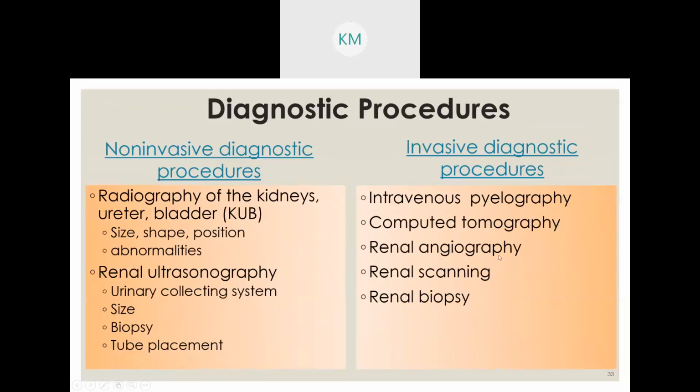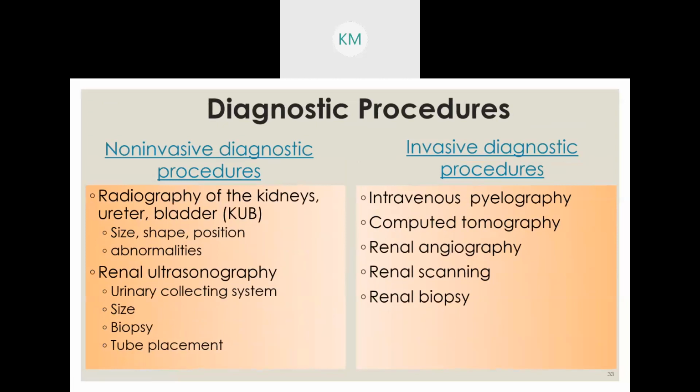All right, some diagnostic procedures. There are various diagnostic procedures here, non-invasive and invasive. Some of the non-invasive diagnostic procedures that assess the renal system are listed there. A KUB delineates the size, shape, and position of the kidneys.